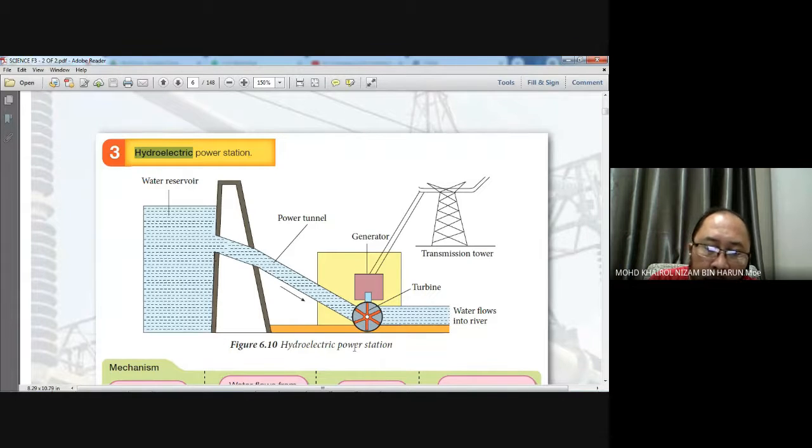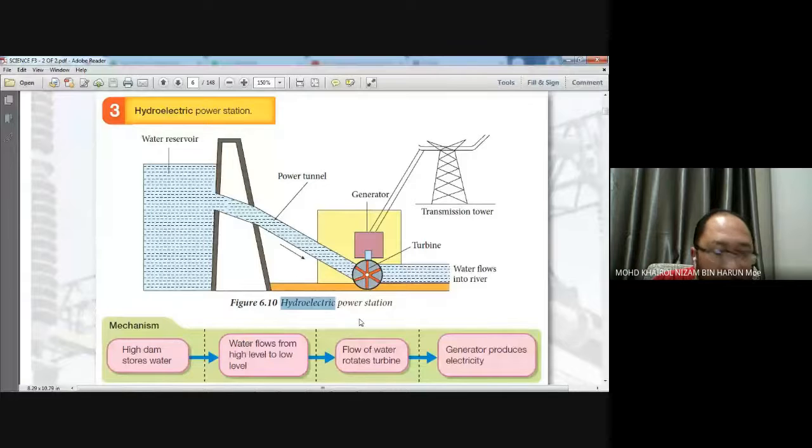That's why we are using hydroelectric. That's why we built a dam, just to collect the water and to make sure that the water flows with high speed to rotate the turbine. That is the concept used in hydroelectric power.